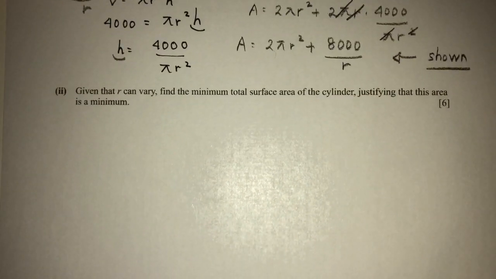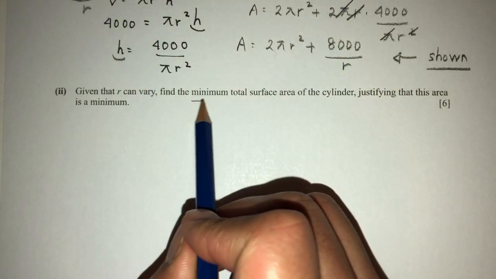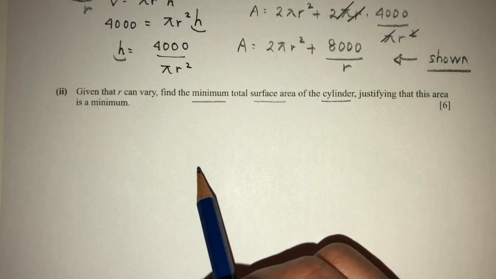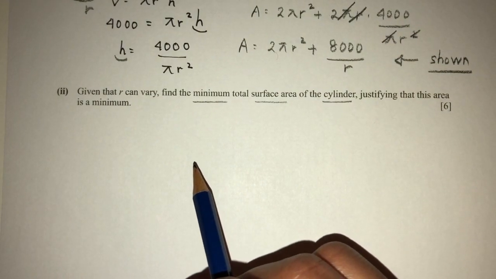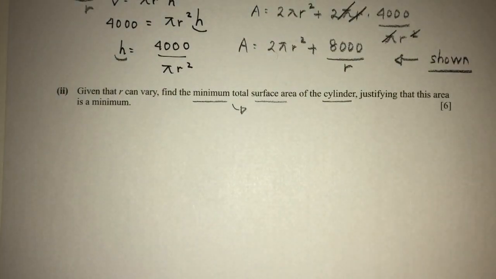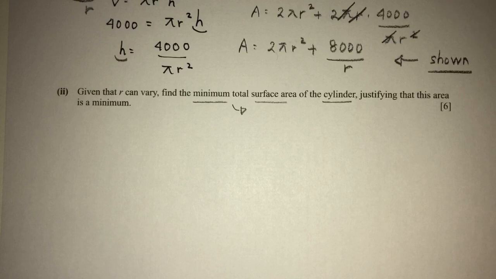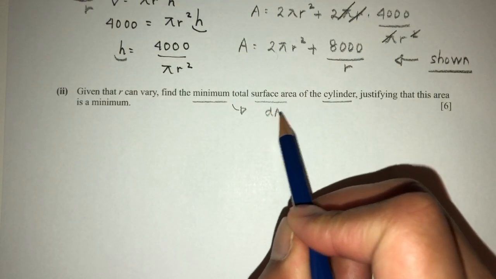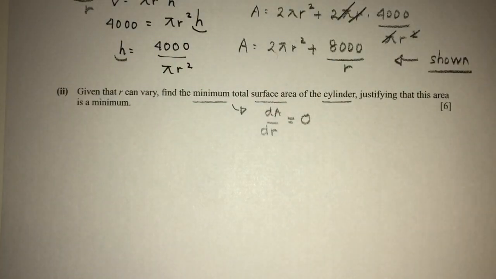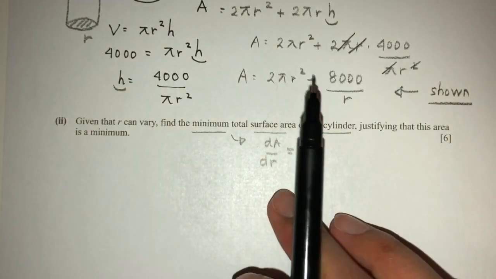Now for part 2, given that r can vary, find the minimum total surface area of the cylinder. Now, when you have to find a minimum value, as you guys know already, at the minimum value, what do we know? We have to find dA by dr equal to 0. The derivative has to equal 0 at the max or the minimum value. Since we know that A is equal to this, we can find this.